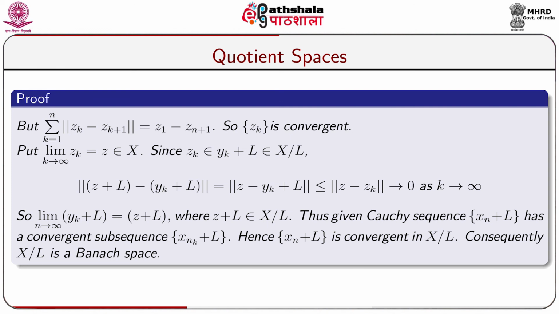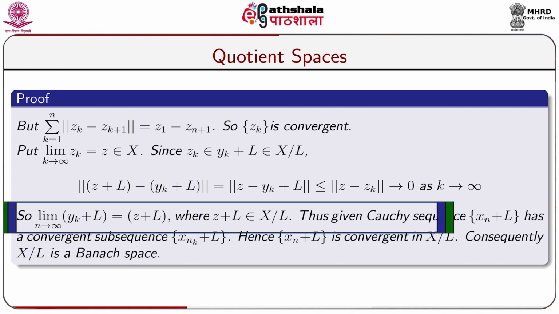So, the norm of (z + L) − (yk + L) is equal to the norm of (z − yk) + L, which by the infimum property of the norm in X/L is less or equal to the norm of z − zk. As the limit of zk is z, the norm of zk − z tends to 0 as k tends to infinity, and hence the norm of (z + L) − (yk + L) goes to 0 as k tends to infinity.